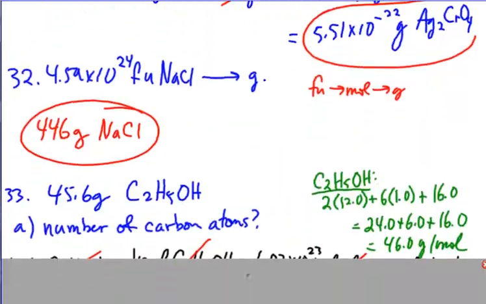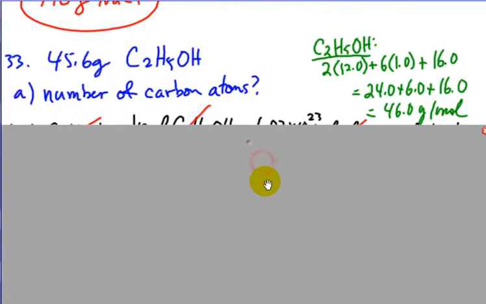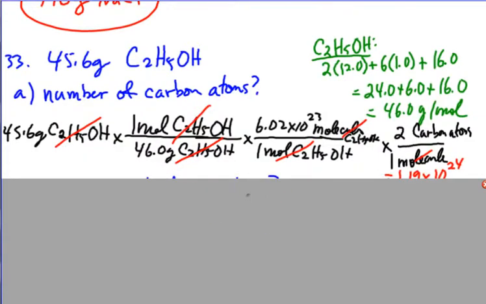So very similar to the other one. So 45.6 grams and then times 1 mole over 46 grams, because that's the molar mass. So cancel, cancel. We're left with moles. Then 1 mole is 6.02 times 10 to the 23rd. And this is a molecule, because they're all nonmetals.